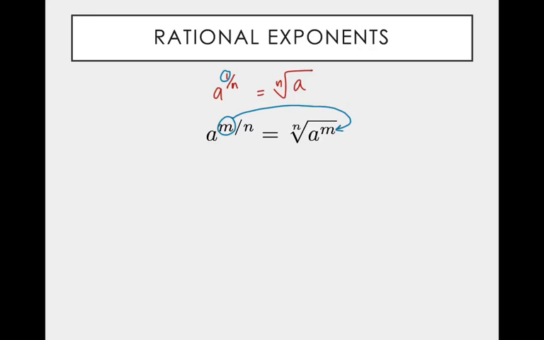So if you had like 4 to the 3/2, that would be the square root of 4 cubed. Okay, and again, we don't normally write that square there. 4 cubed is 64, so this would be the square root of 64, which we know is 8.